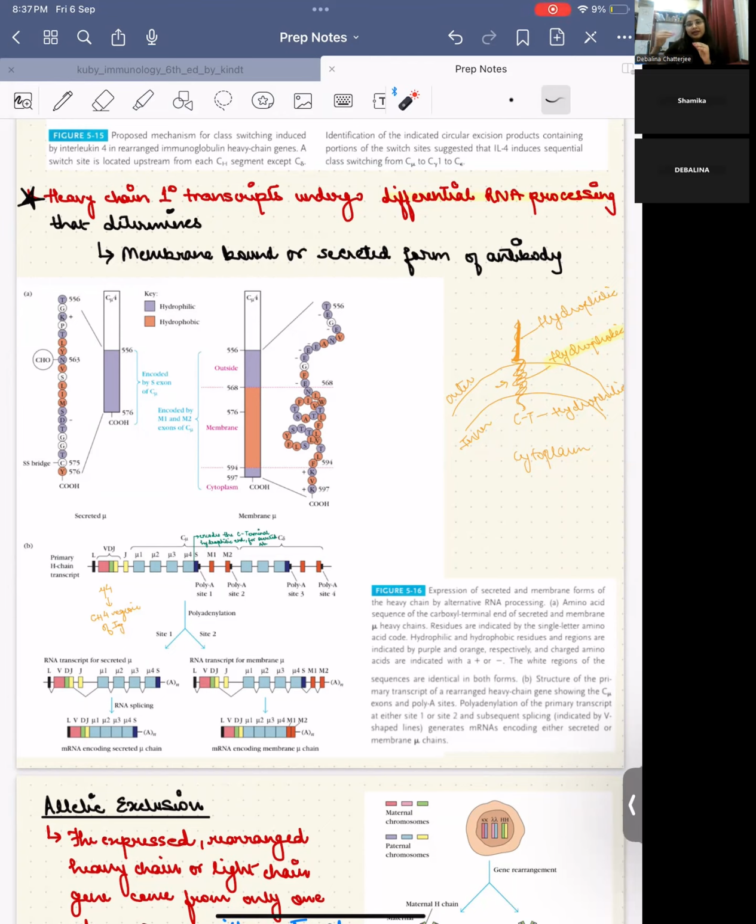Right from its entry, it partially enters the endoplasmic reticulum, and this hydrophobic region stays embedded inside the membrane. The endoplasmic reticulum is also a bilayer structure. So this is everything from cell biology. I'm not sure if you have read about it.